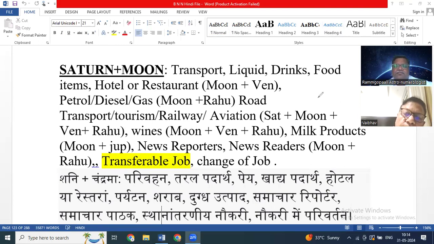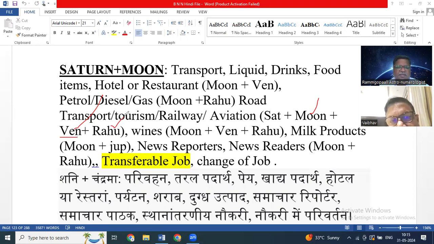But here Saturn plus Moon and Venus भी होना चाहिए. Venus यहाँ vehicle है, गाड़ी. Rahu wheel है. Without tires we cannot drive vehicle. So Rahu is actually tire.